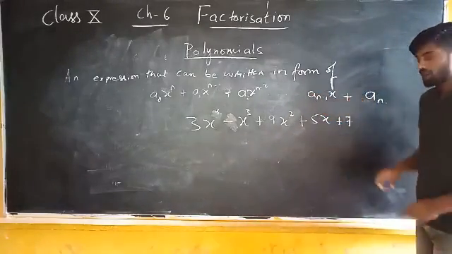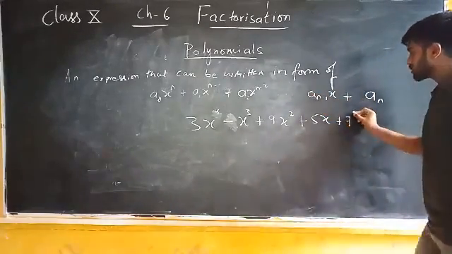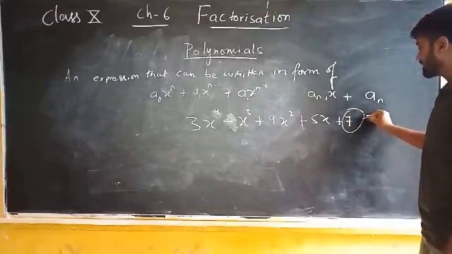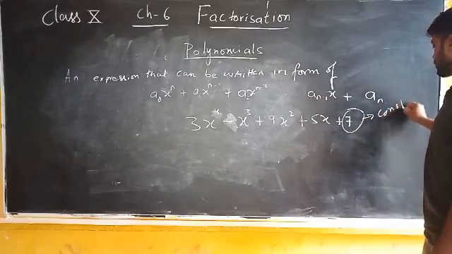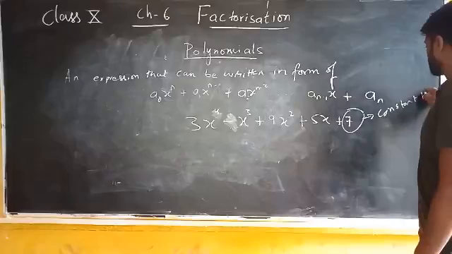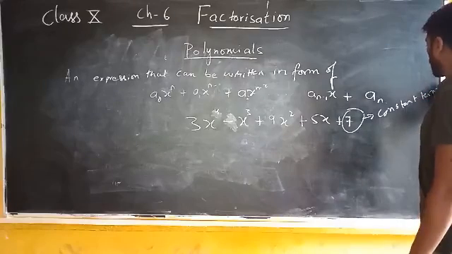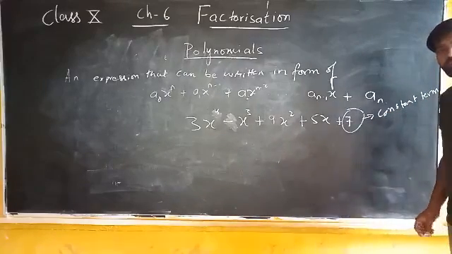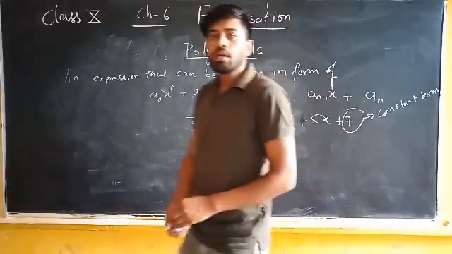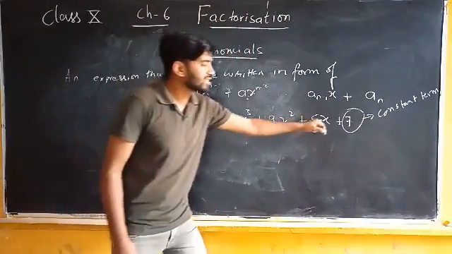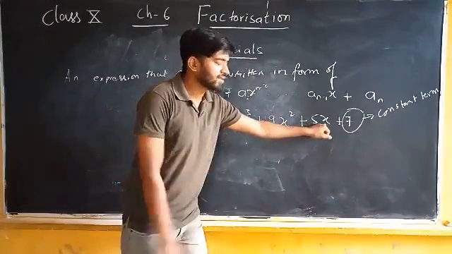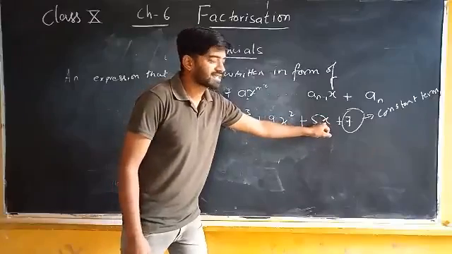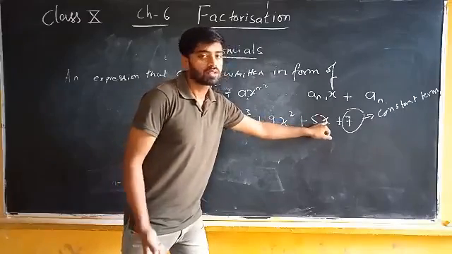These are called coefficients. But the last term is called the constant term. Why is this called the constant term? This is called the constant term because that is never going to change. This can change. Why can this change? For example, if x is 7, then 5 7s are 35.